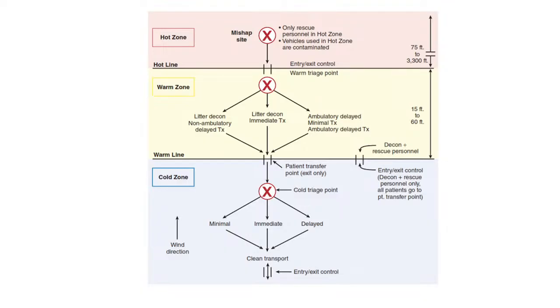Only people with proper PPE and proper training, the first responders, should go and bring those who are affected. Then in the warm zone, you triage the patient and decontaminate the patient, and then there is the cold zone. The hot zone, warm zone, and then cold zone.